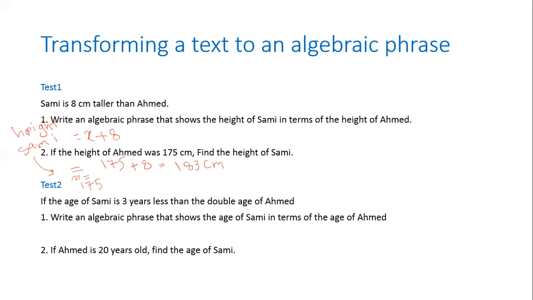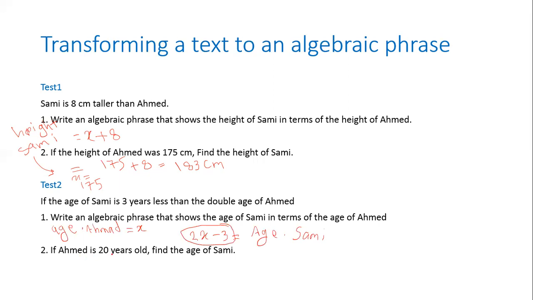So we start by giving the age of Ahmed the value x. Now, age of Sami is 3 years less than the double age of Ahmed. So what is the double age of Ahmed? It's 2x. 2x minus 3 will give us the age of Sami. And this is the required algebraic phrase.